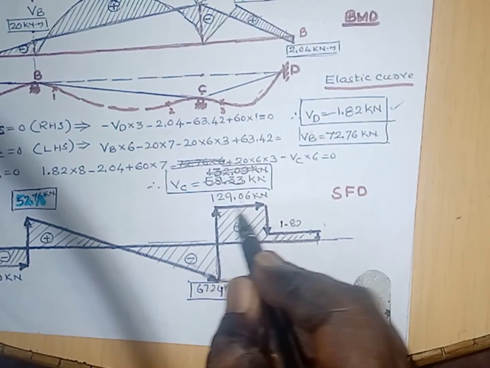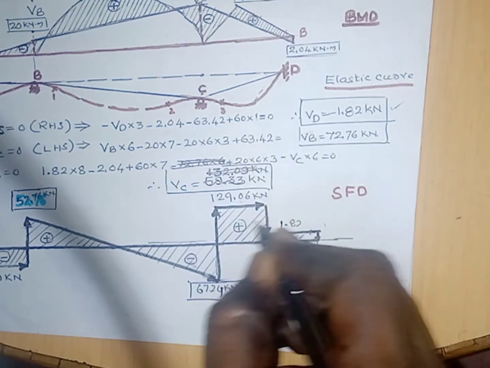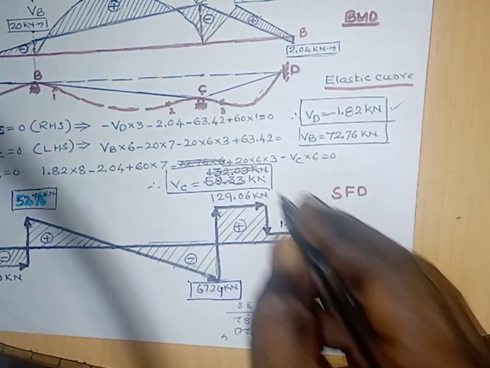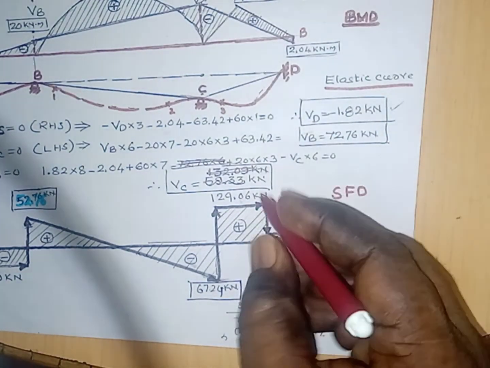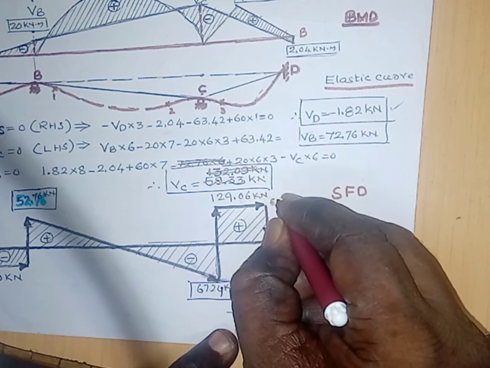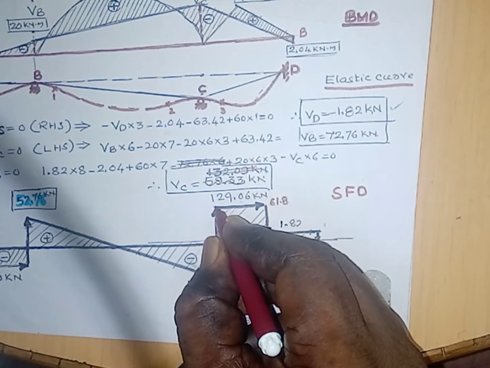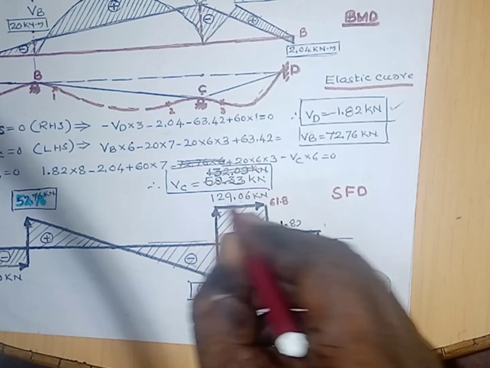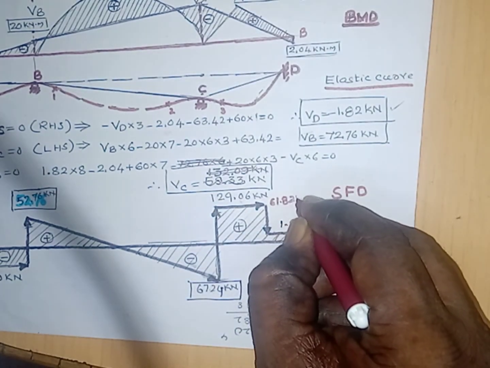Here again there is a point load. This ordinate is 61.82. This 61.82 is the ordinate of shear force, which is constant from C to this point, that is 61.82 kilonewton.